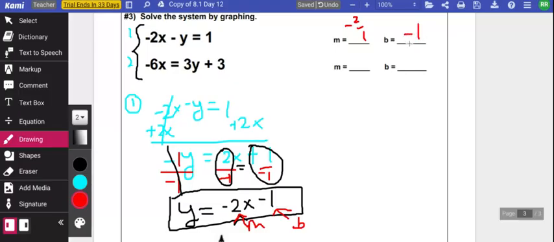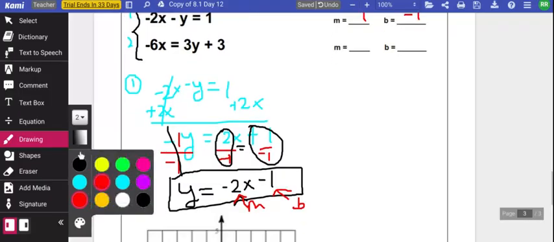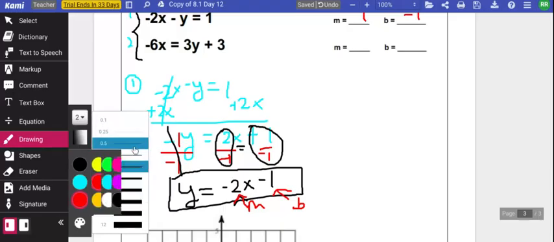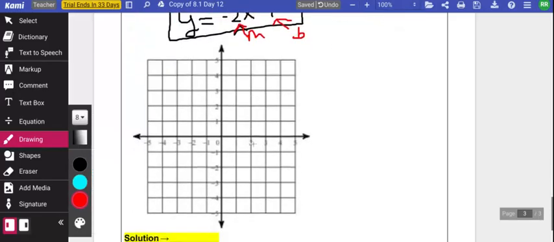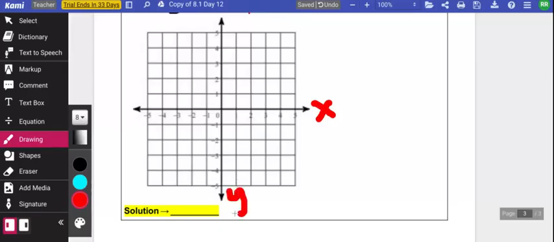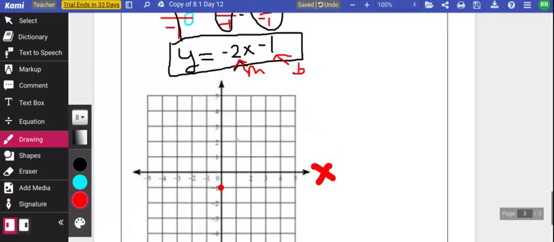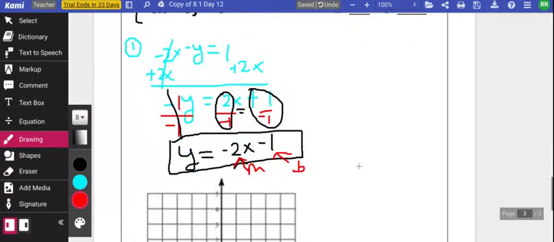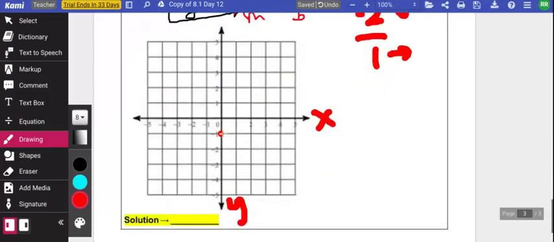All right, so to graph this line, I begin at b. This is the x-axis. This is the y-axis. On the y-axis, I begin at b at -1, put a dot right there. And then I move with m. M is -2 over 1. So down 2 and right 1. From b, down 2, right 1.